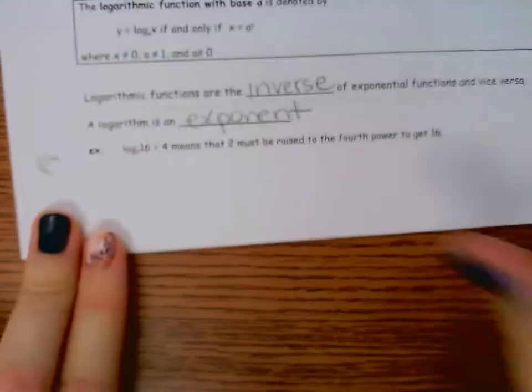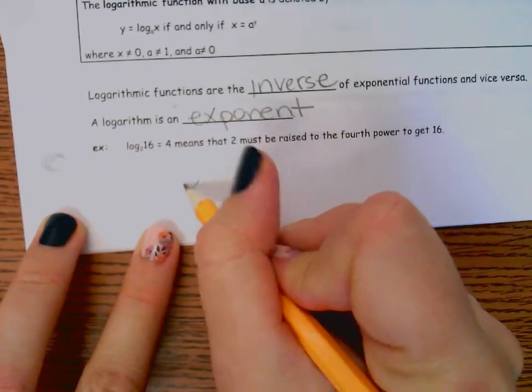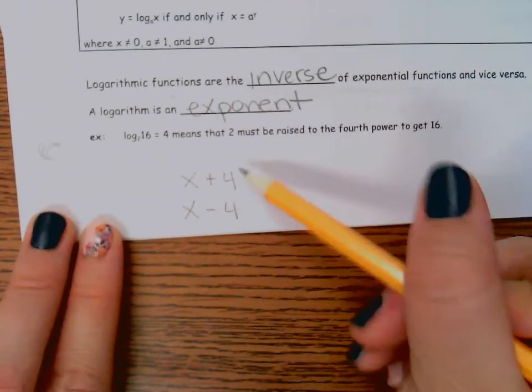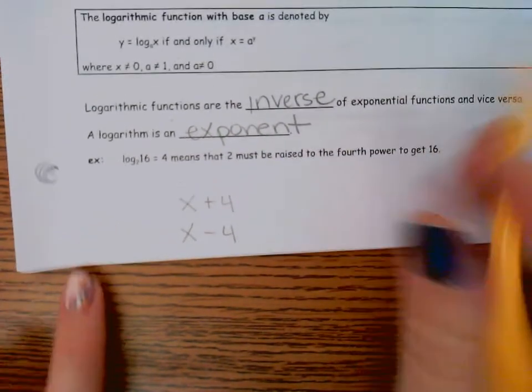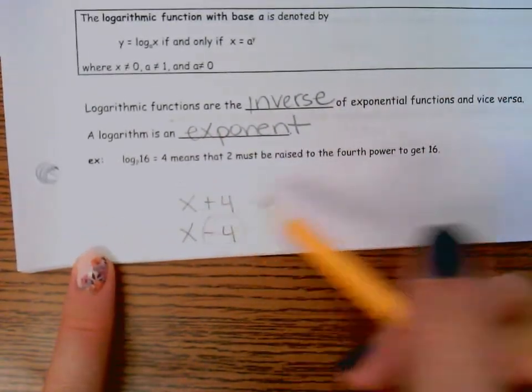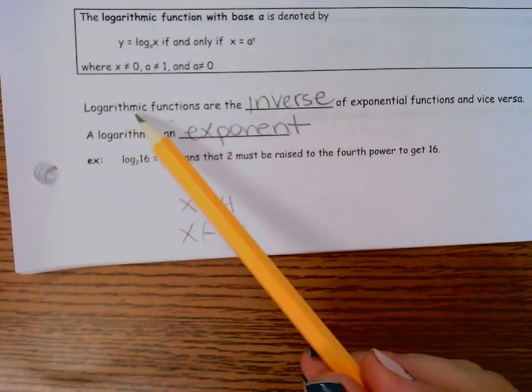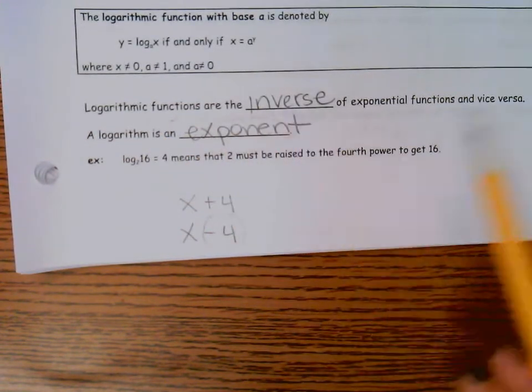Don't we say that when we're doing x plus 4 or x minus 4, those are opposites of each other? Can't we think of subtraction as adding a negative number? Just like we can think of division as multiplying by a fraction, right? So a log, we can just think of as another way of writing an exponential function. And these are going to be the inverses of each other.